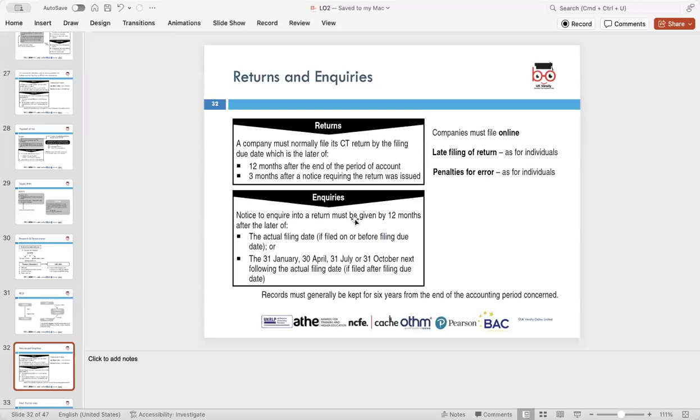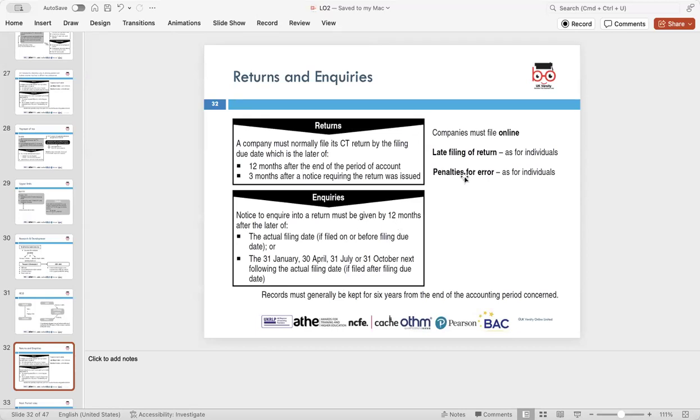So, a company needs to file its corporation tax return. Typically, this must be done by the filing due date, which is determined as the later of two options, either 12 months after the end of the period of account or 3 months after receiving a notice requiring the return.